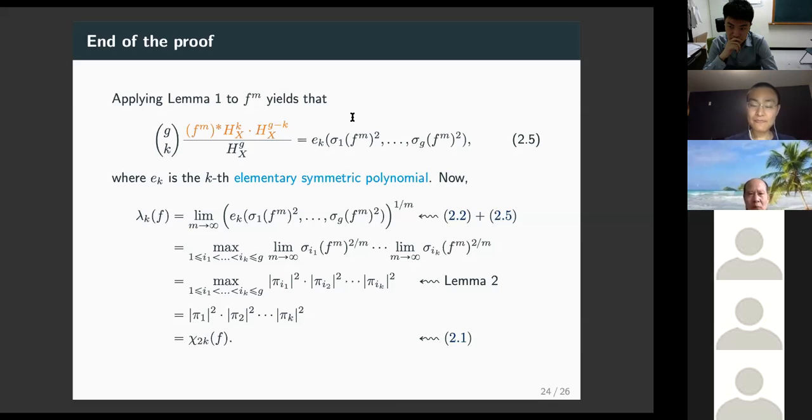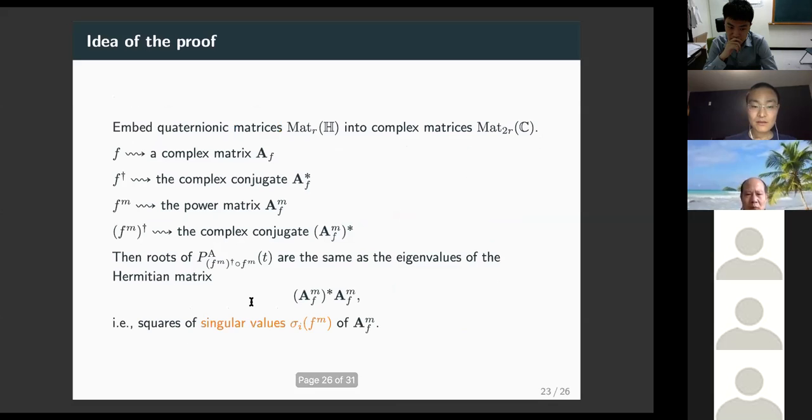Sorry. Yes, for interruption, what is a singular value of a matrix? Oh, yeah, this is by definition. So we have this arbitrary matrix. This matrix may not be symmetric. Or it may not be Hermitian, this is a complex matrix. But this one is a Hermitian matrix.